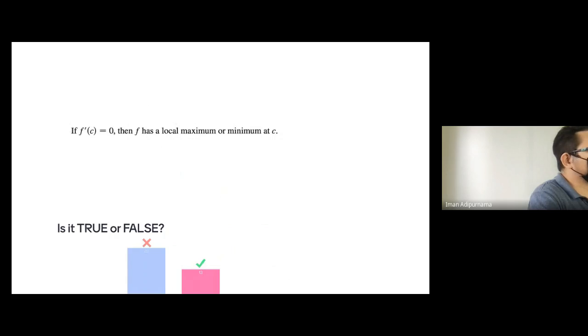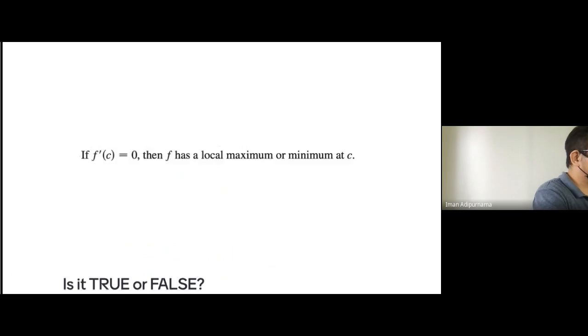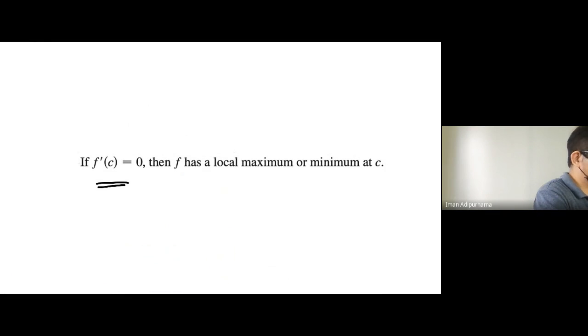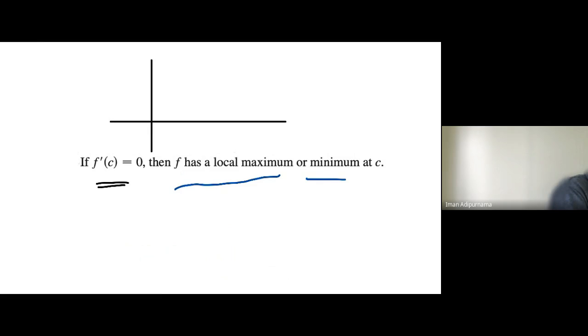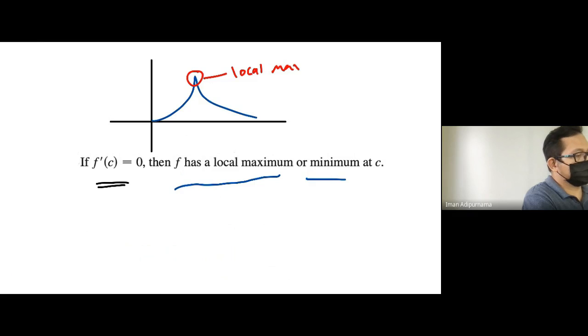a tricky statement. So f prime is 0, and the statement says that f has a local max or minimum, right? Remember, if we have this, let me just draw this really quick. This is a local max, or just max in general.